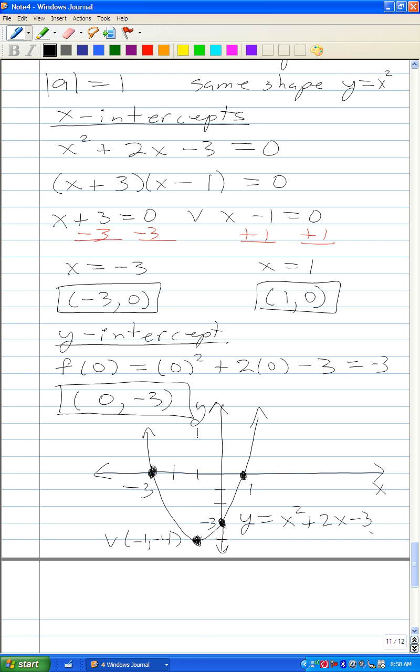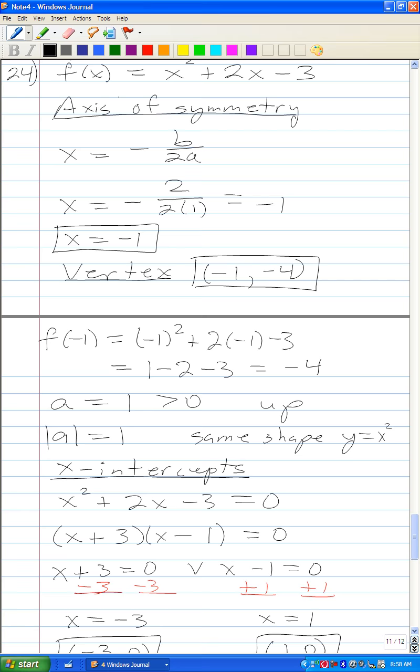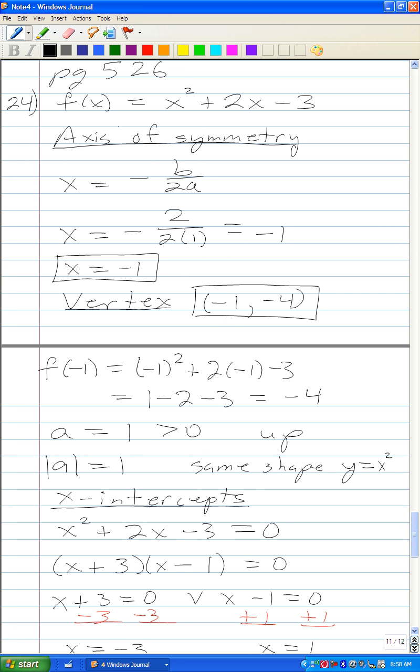And the axis of symmetry is x equals negative 1. Okay, so I've done that problem. That was problem 24.